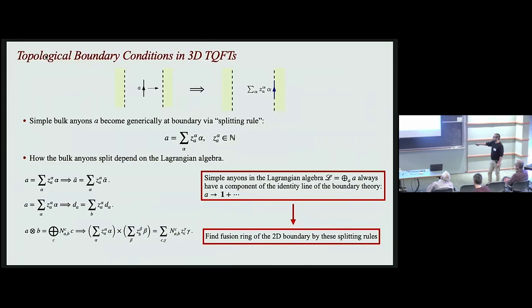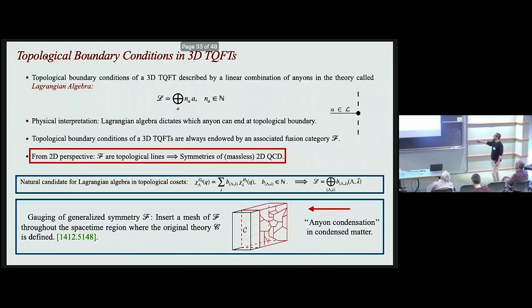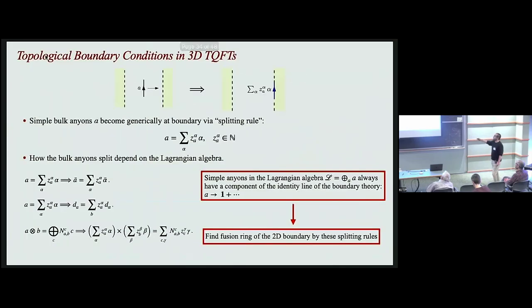You don't have to learn all these rules just by looking at it, but you have to know that certain consistency conditions exist, and that anions that are in the Lagrangian algebra always have, when they split, a component in the trivial line, which is important to put these ingredients to work out the final fusion ring. So that's an algorithm, if you want, or a setup to start with the Lagrangian algebra and find a fusion category at the boundary. Find the fusion ring of the 2D boundary by splitting rules.